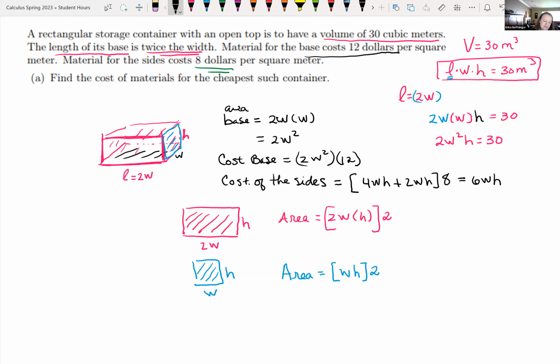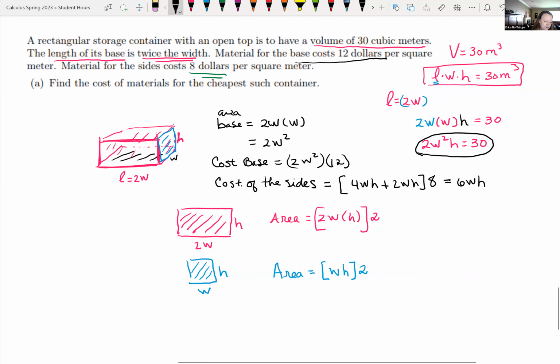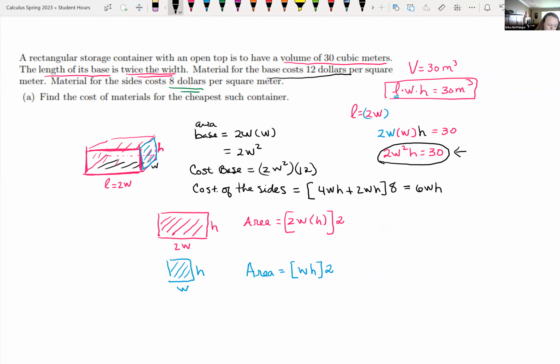The problem is we have W and H in here. And if I look at my cost of the area of the base, that just has a W in it. So let's go back to the one equation that we have up here with the volume, and we can rewrite our height in terms of W. And if we do that, then we have a function of all just W. So if I want to solve for H in here, I would divide both sides by 2W squared.